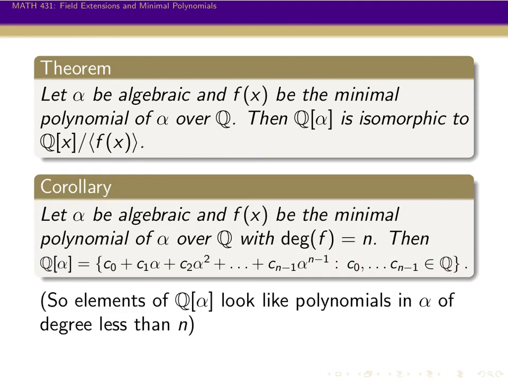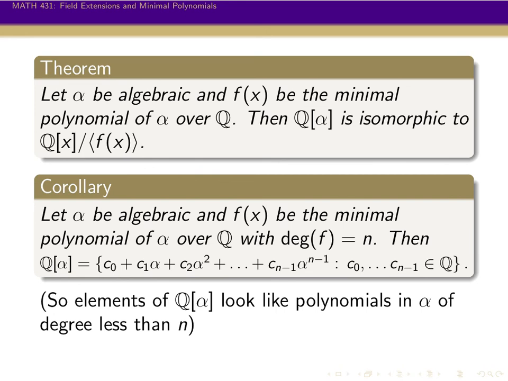So an immediate corollary to this is that if alpha is algebraic and f of x is a minimal polynomial of alpha over Q, and the degree of f is n, then we know exactly what the elements of Q adjoin alpha look like.